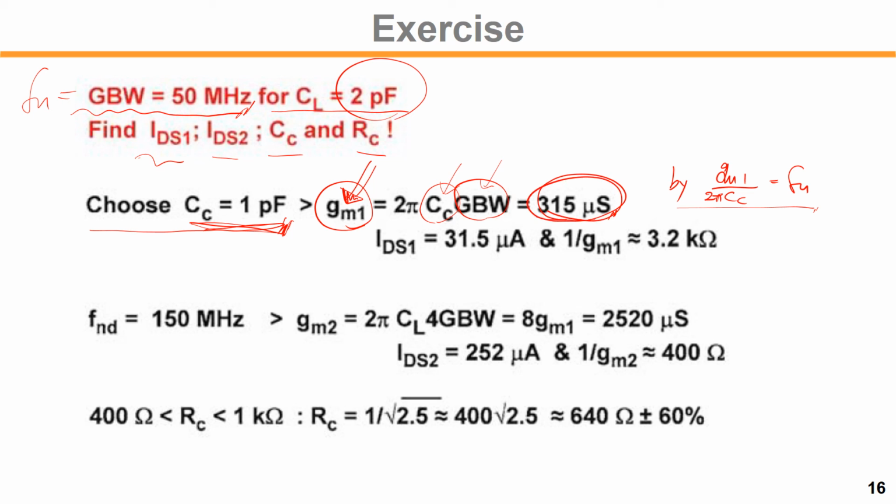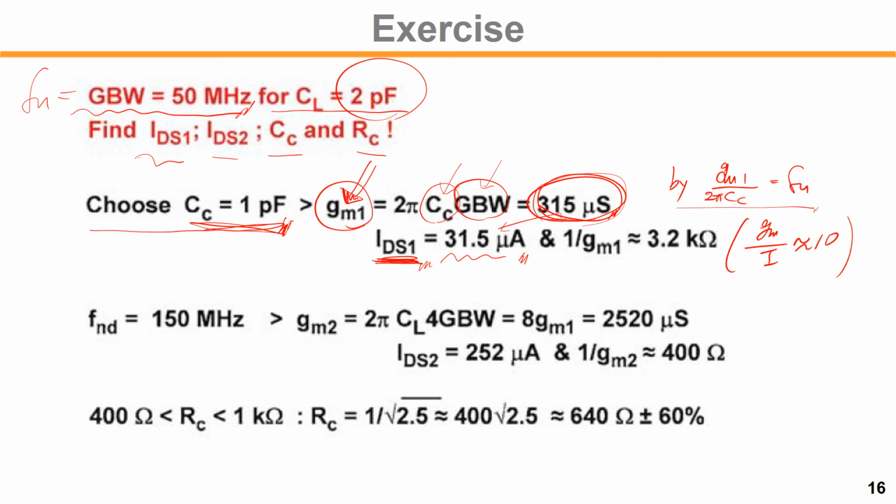Then once we know that, we can design the current level. How much current level would we like to have? Assume the GM efficiency, GM over I, is approximately 10. In that case, the required current level is 1/10 of this GM1, that would be 31.5 microamp.